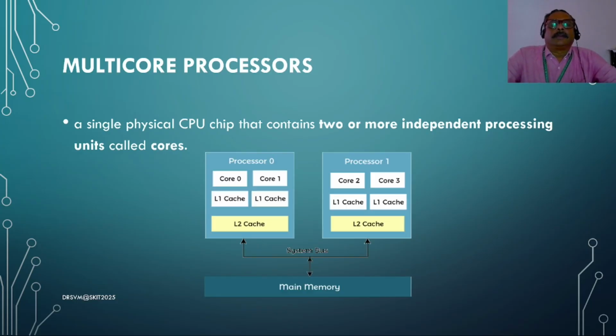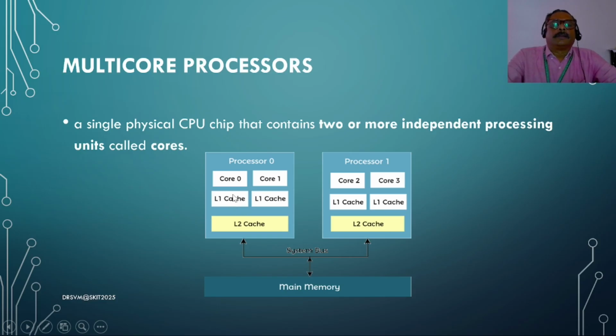In this example, we can see that two processors are put on the motherboard. One is processor 0, the other is processor 1, and each processor in turn has two cores. Each core has its own associated L1 cache, and there is an L2 cache per processor.